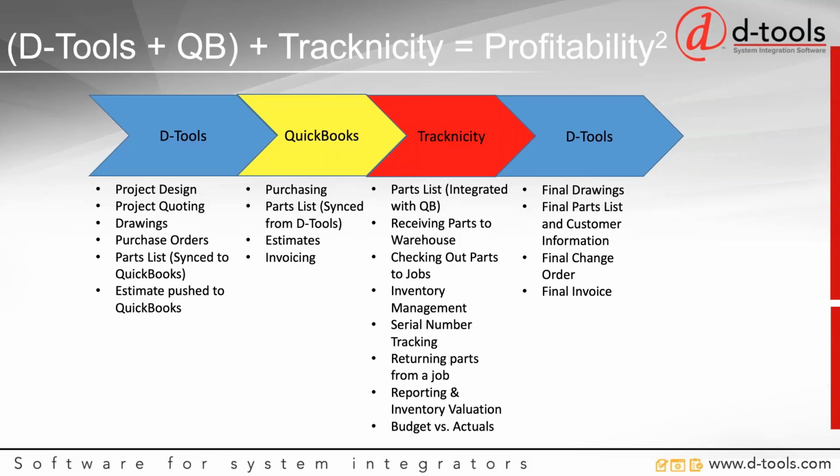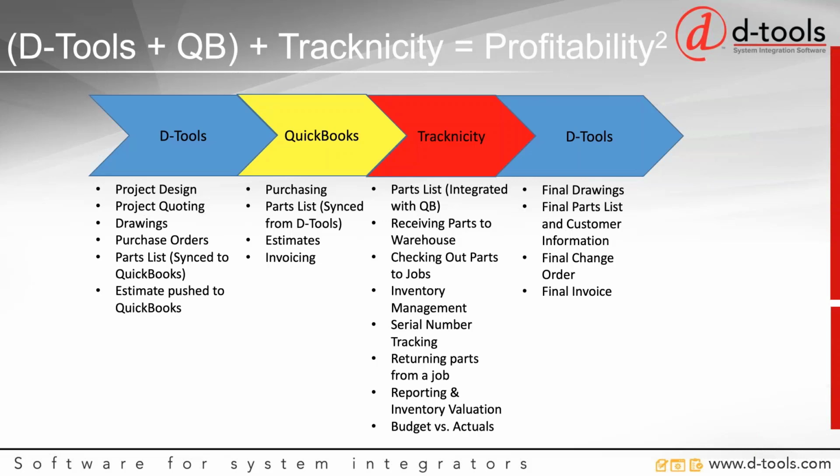So anything that lives in D-Tools lives in your parts list in QuickBooks, and that's sorted by manufacturer, make, model, etc. Your estimates live in QuickBooks, so they come from D-Tools and get pushed into QuickBooks. So the actual estimate itself, from a dollar standpoint and an equipment standpoint, lives in QuickBooks. Then you do your invoicing out of QuickBooks as well.